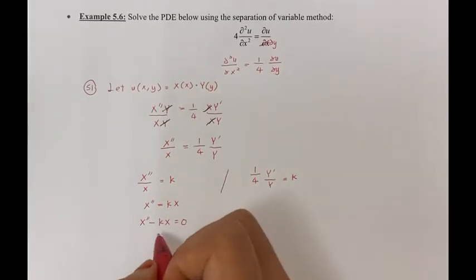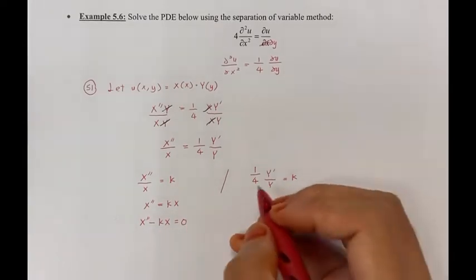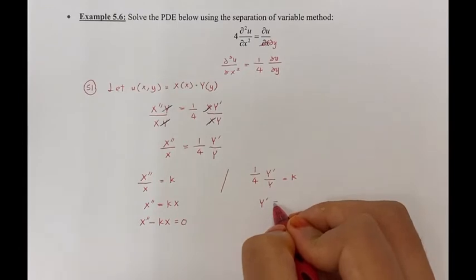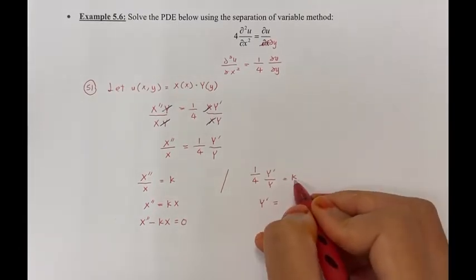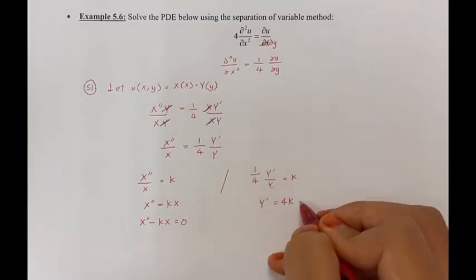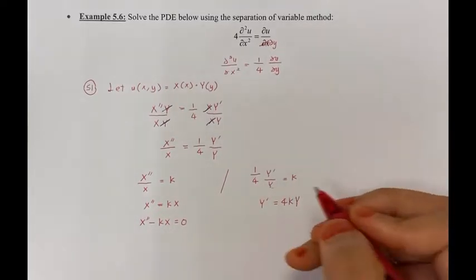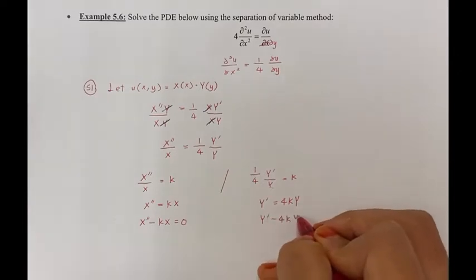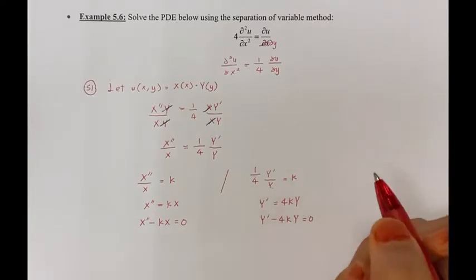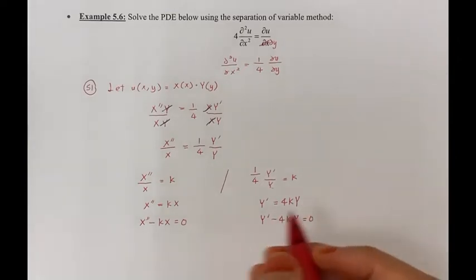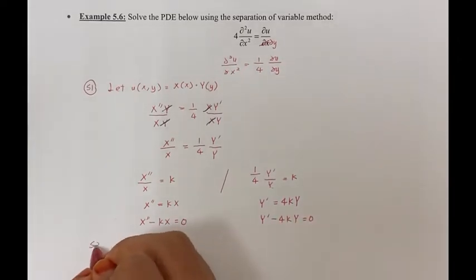So you have the first ODE. Then for the second ODE, you have Y prime equal to, moving 1 over 4 to the right hand side, 4kY. Then Y prime minus 4kY equal to 0. Now you have two ODEs. From these two ODEs, you may proceed with the second step.